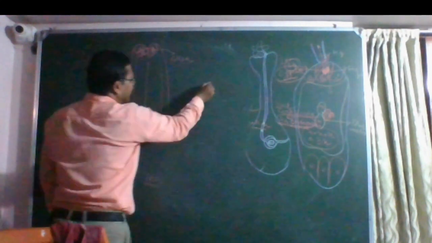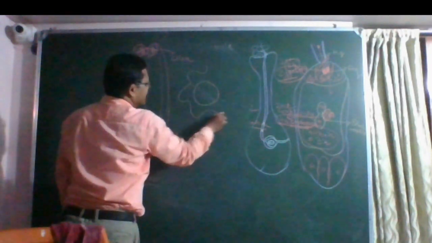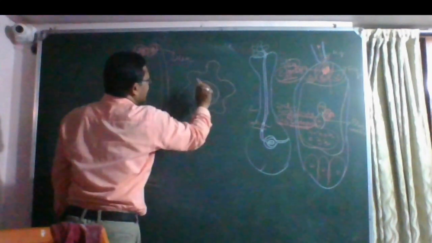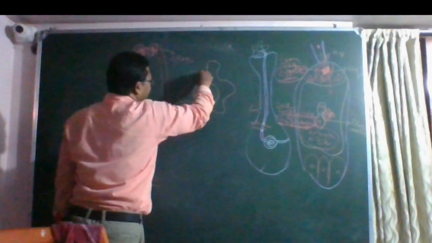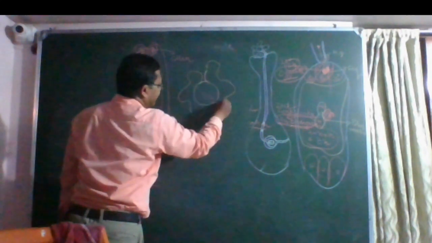This is the pollen. Suppose I consider a single pollen. This is the inner membrane, called the intine, and the other is the exine. In some positions, the intine and exine fuse, leaving a gap.